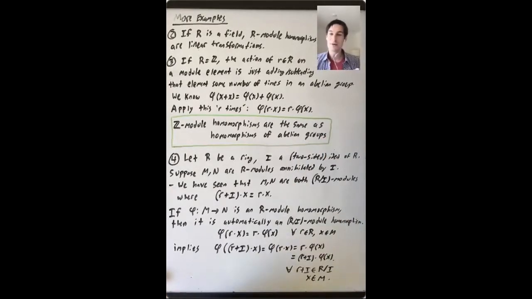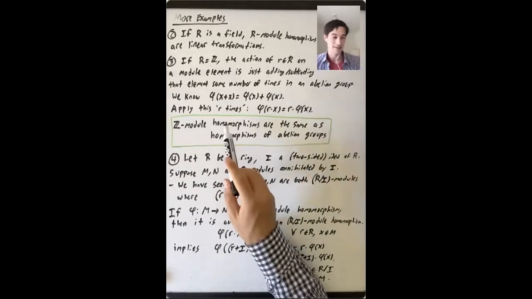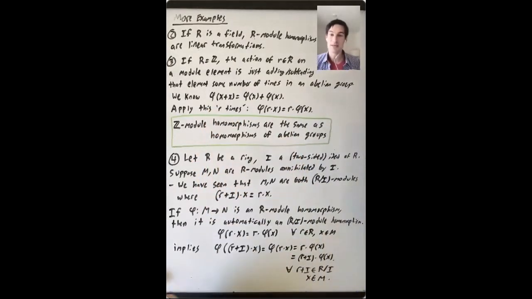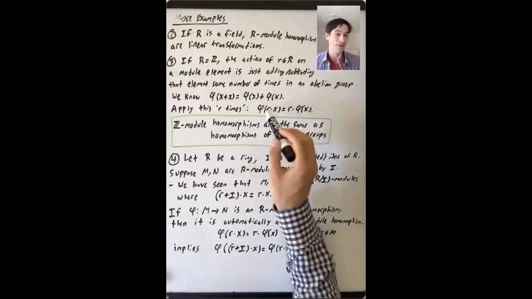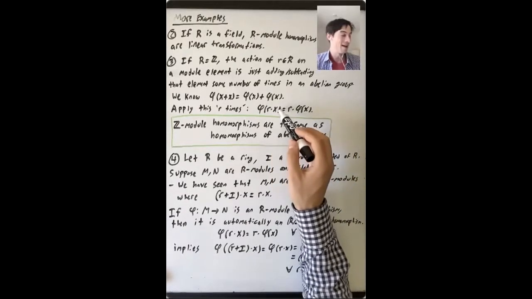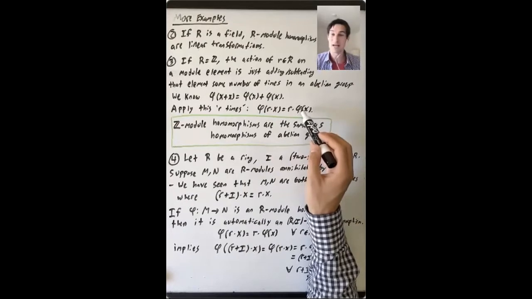Okay, so what are we seeing? We're seeing that in this case, asking for a function between Z modules to be a Z module homomorphism, well, usually you would think it has to be a homomorphism of abelian groups, and it has to behave nicely with respect to the action of Z on M and N. But what we're seeing is that if you're a homomorphism of abelian groups, then you automatically have this property that the function behaves nicely with respect to the action of Z on the first module and on the second module.